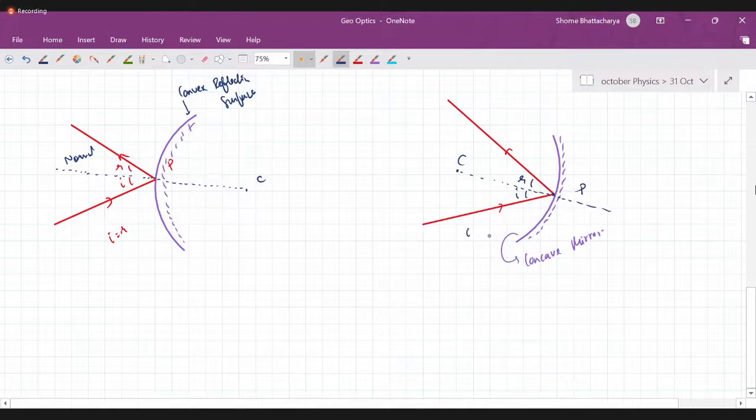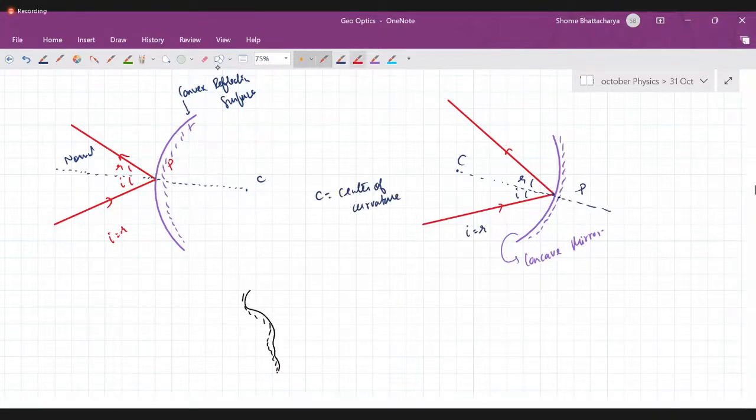Okay. And finally, we have, let's say, some random shape of mirror. Random shape of a reflecting surface. And we have some incidence like this.